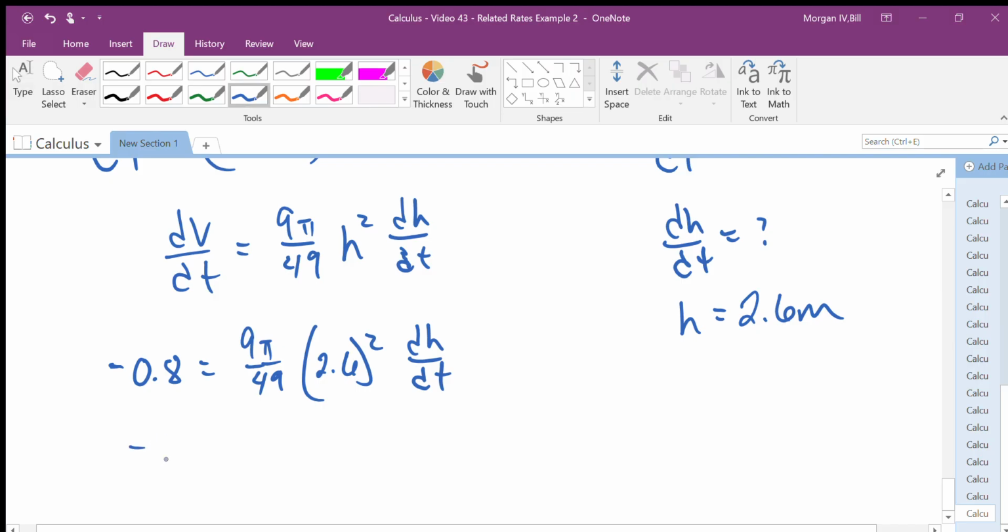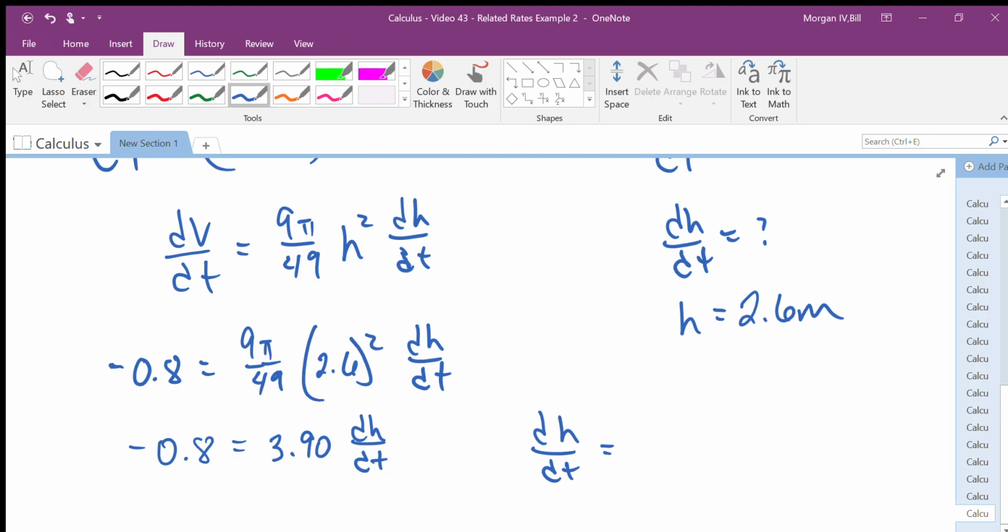So I've got negative 0.8 equals 3.90 dh/dt. Solving for dh/dt, the rate of change of the height, we take this negative 0.8 divided by our 3.90, and get negative 0.205, negative 0.21 perhaps.